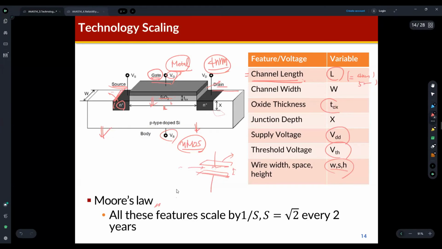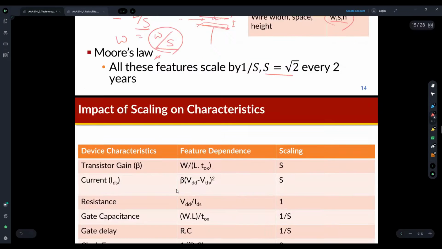So as Moore's law continues, L becomes L over S, and the channel width W becomes W over S. And by Moore's law, the scaling factor S is the square root of 2 every 2 years.